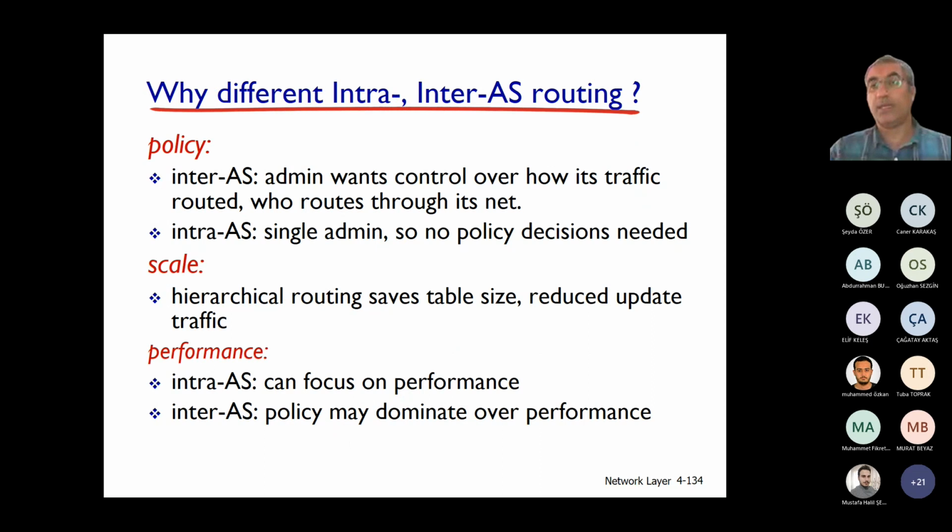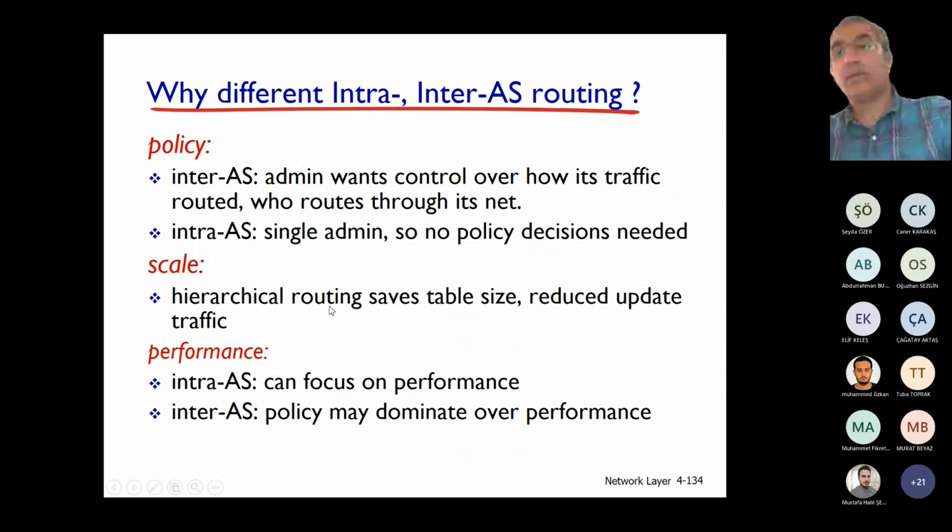Why different intra- and inter-AS routing? It can be based on policy, because the inter-AS admin wants control over how its traffic is routed and who routes through its network. Intra-AS has a single admin, so no policy decision is needed in this case. So policy is usually based on inter-AS routing.